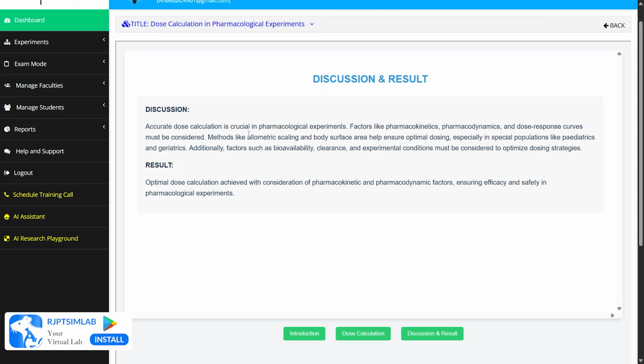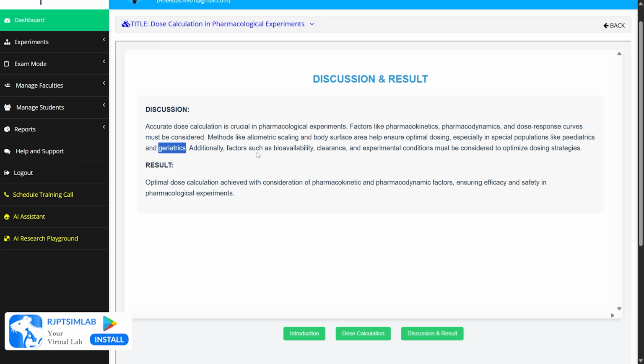Methods like allometric scaling and body surface area, which we have discussed through an example, about the body surface area, and allometric scaling about the change in characteristics with increase in the size of the animal, also help us to ensure the optimal dosing for that species, and especially in special populations like pediatrics and geriatrics. So these factors should be considered for them very carefully.